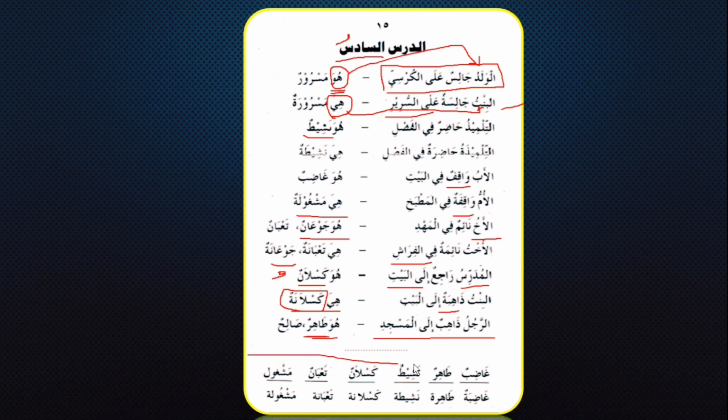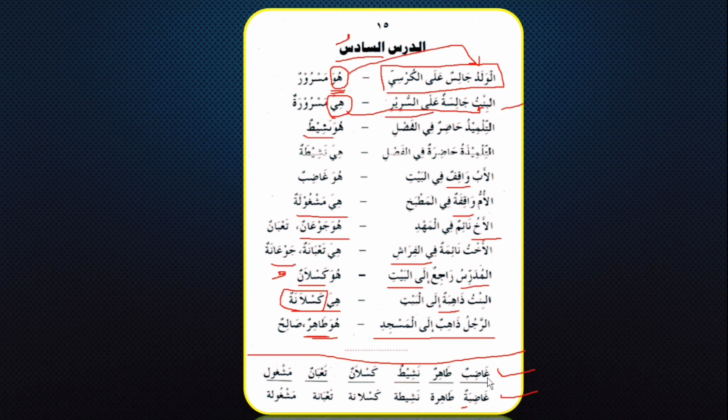Then at the end we can see here the method by which we form the feminine of the adjectives. So this is ghazibun. It is very simple, just add ta marbuta or rounded ta at the end. The word will become muannas after the application of rounded ta at the end.